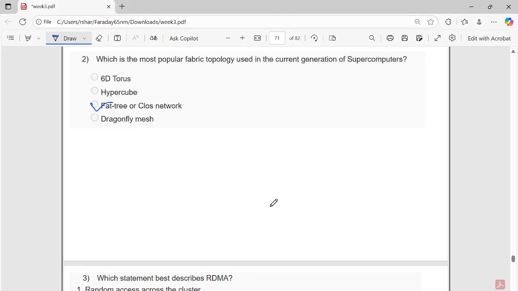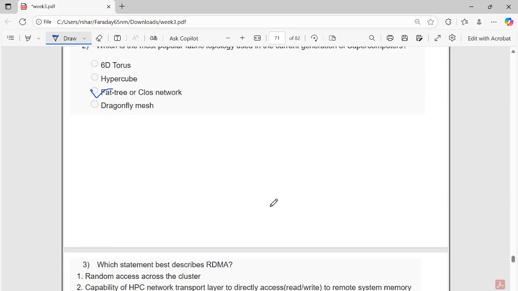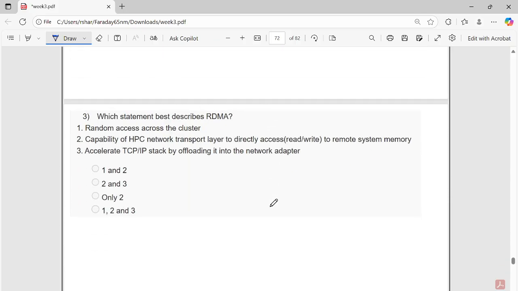Okay, going to the next question. Which statement best describes RDMA? RDMA stands for Remote Direct Memory Access. So the answer is only two.